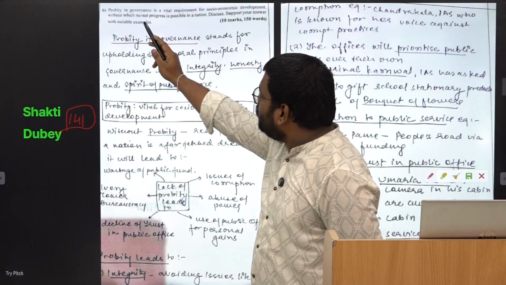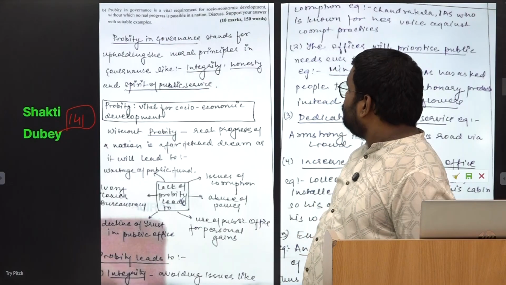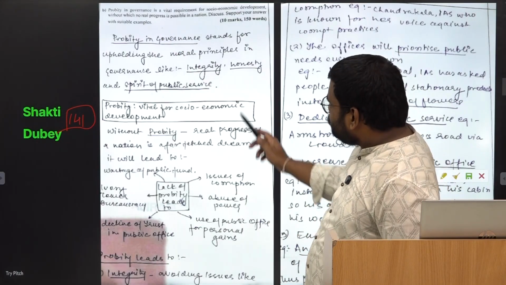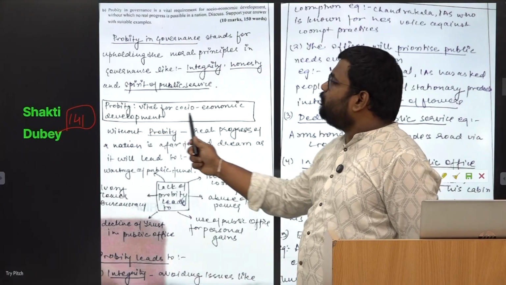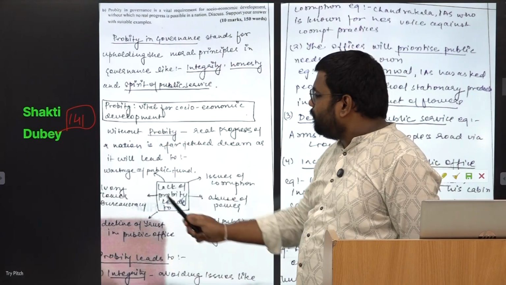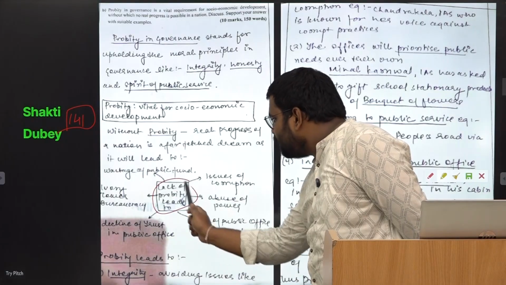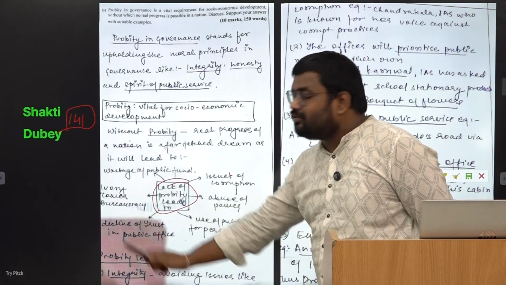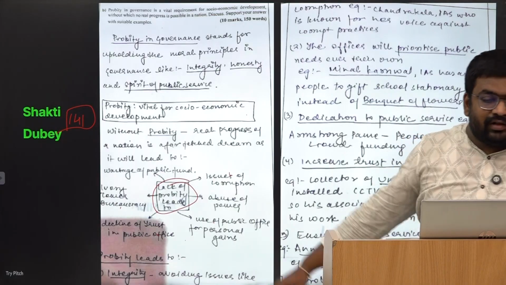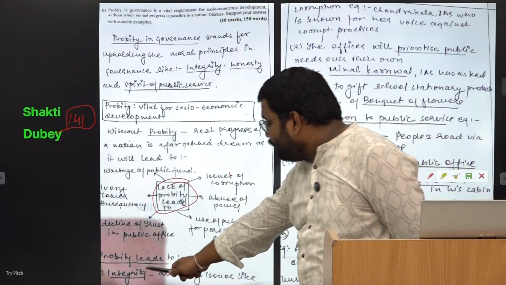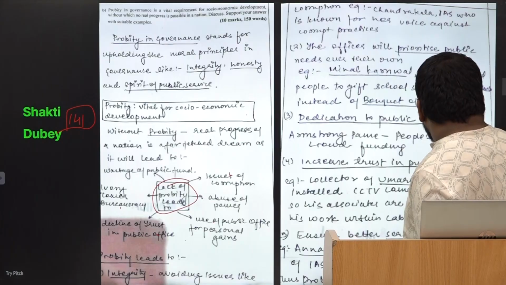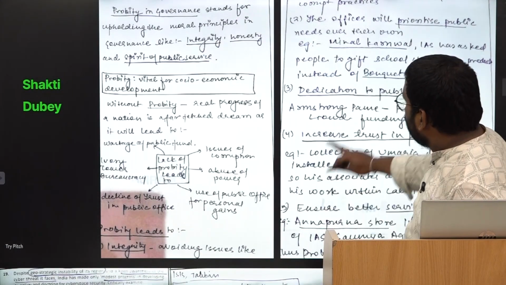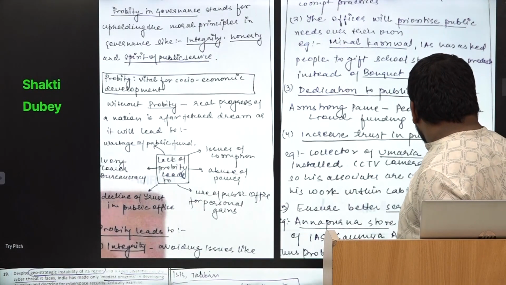Discuss and support your answer with suitable examples. Right? So basically, the first part, probity vital for socio-economic development, lack of probity leads to, and she has written 1, 2, 3, 4, 5, 6 points. Here she has written 6 points, and then importance of probity or the probity leads to, here she has written 5 points.